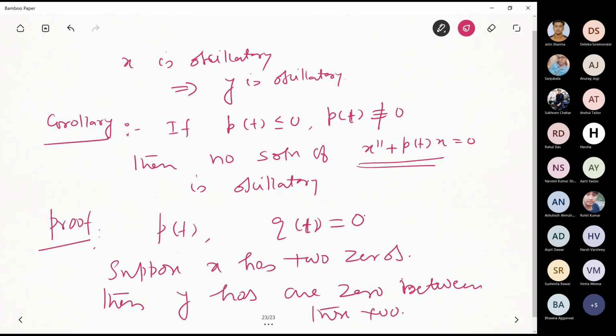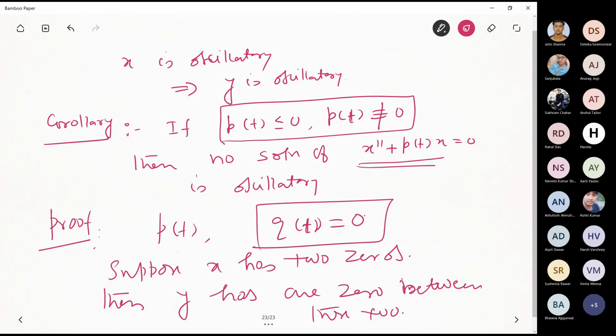And that's not possible, because if I take q(t) equals 0, the solutions are going to be linear functions. So the linear function having one zero is fine, but if it is oscillatory, there will be many zeros, and the linear function cannot have that many zeros. Therefore, the equation is not an oscillatory equation if p(t) is less than or equal to 0. So that is why in the beginning I didn't say anything about p(t). Those p(t)'s are non-negative.